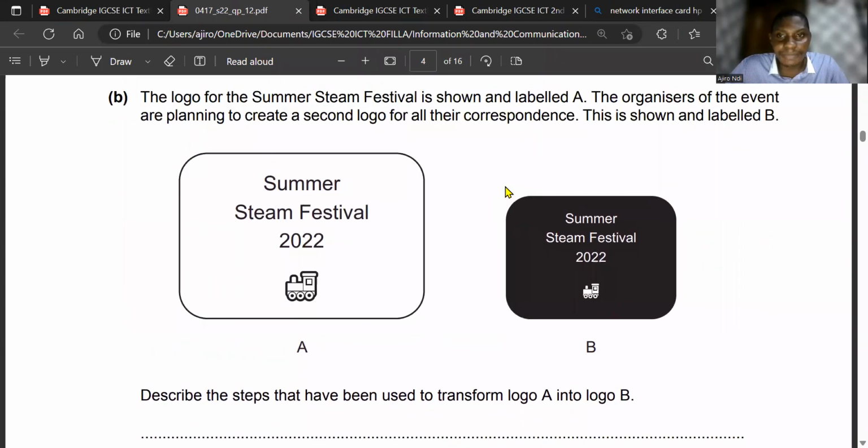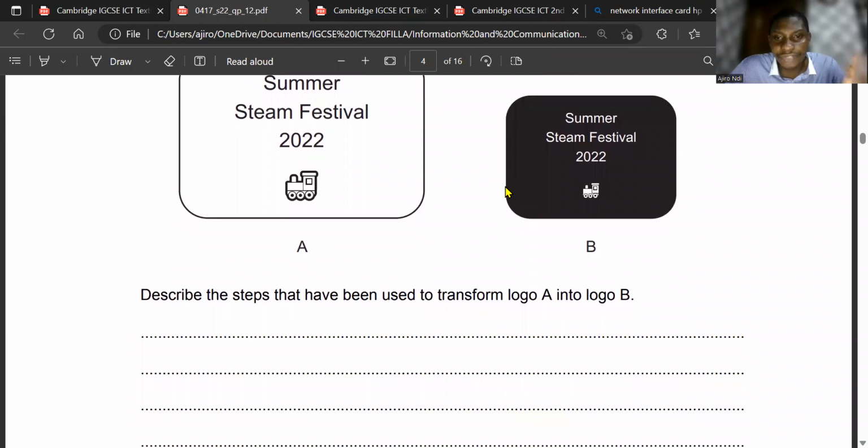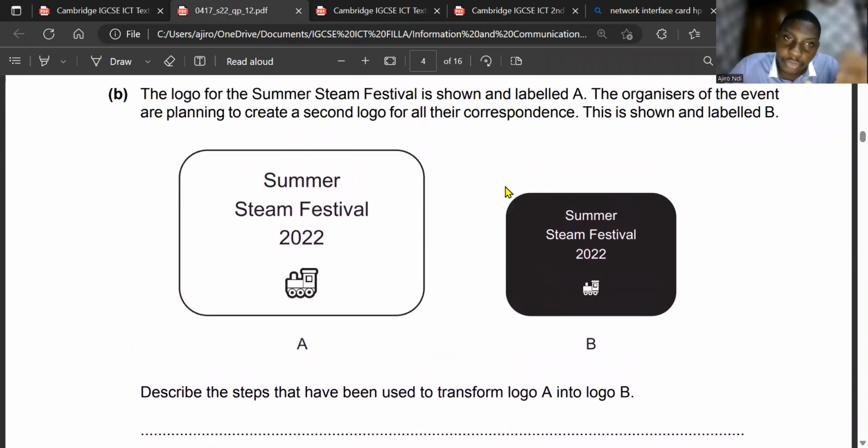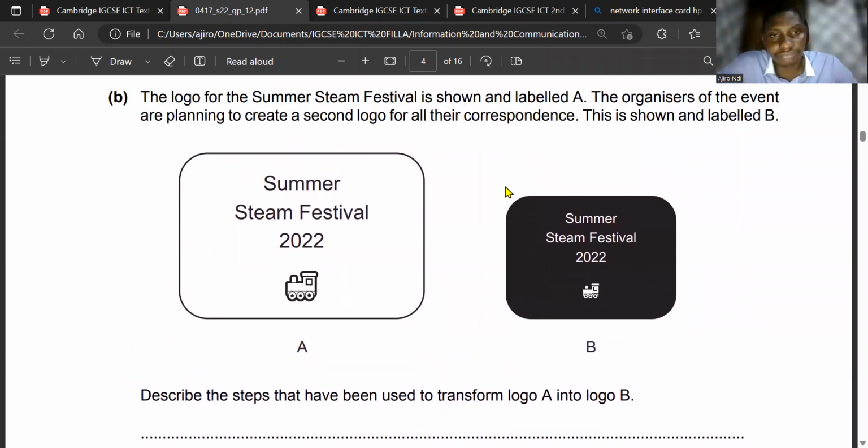They said describe the step used to transform logo A to logo B. Now, looking at this logo, obviously these were grouped. The size was reduced, the logo was reduced, fill color was applied to black, text color was changed to white.